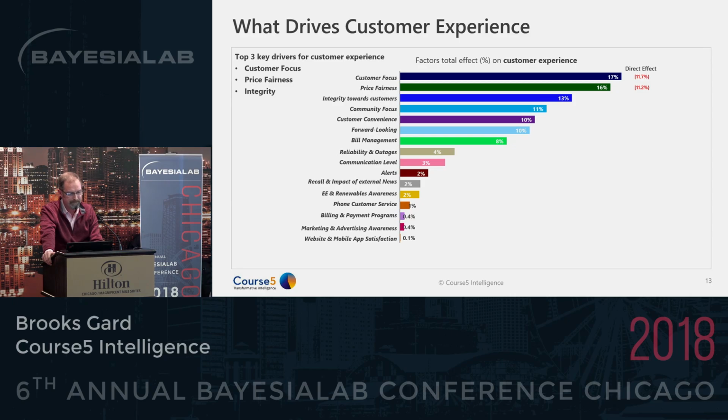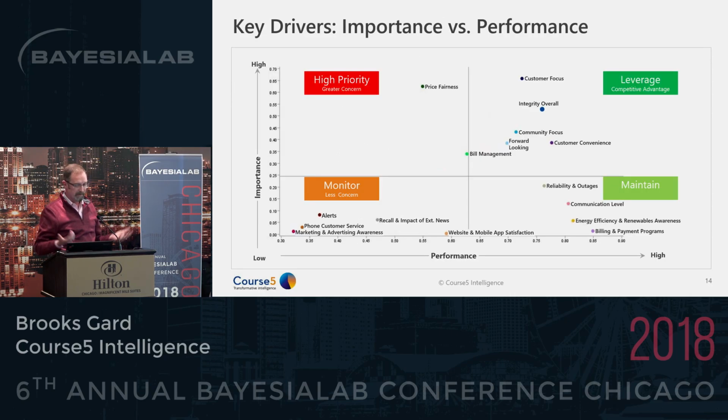Okay, so one thing we like to offer our client once we do the key driver analysis is an importance-performance chart. On this one, you can see on the y-axis we have the importance of the various factors, and then the performance that the utility company was doing on these factors. Again, as you can see, price fairness is a very high priority for folks.